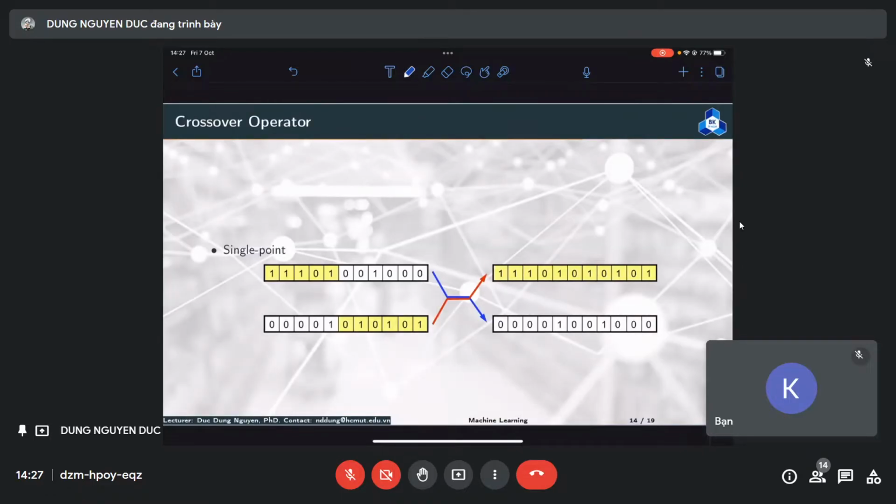So first, for single point crossover, you are selecting one single point. This one, for example. You can choose a fixed point or random point, whatever, and you cut your chromosome at this point, and then you swap the genes.